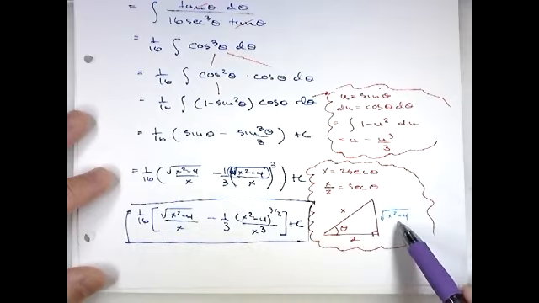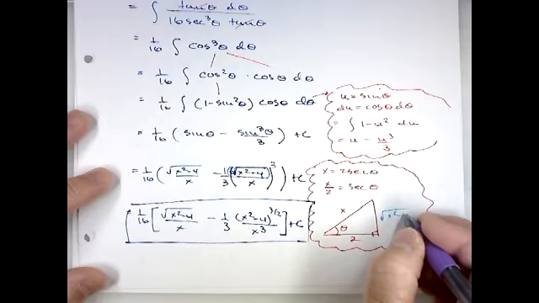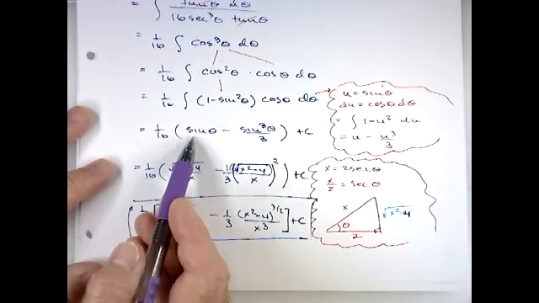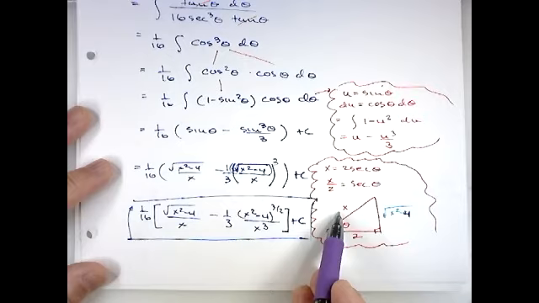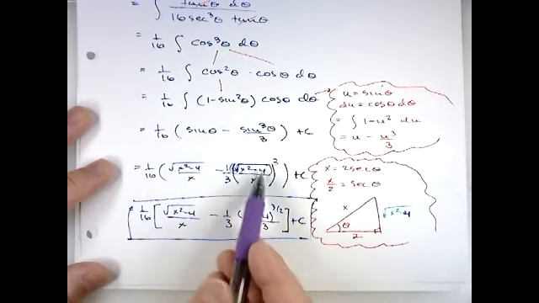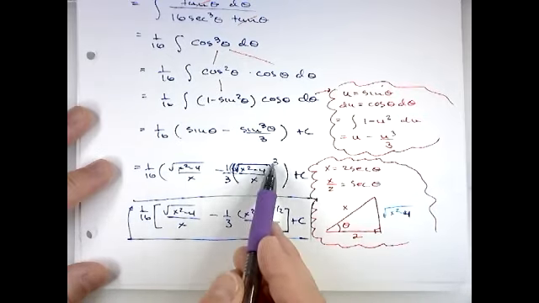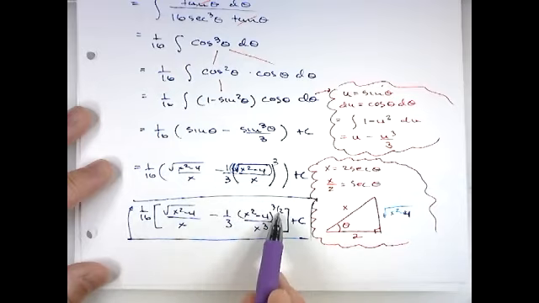Pythagorean theorem gives you the square root of x squared minus 4. And so then the sine of theta is opposite over hypotenuse. And then I also have sine cubed, so it's this over this cubed. When you cube the square root, you can think of that as to the 3/2 power. And then the bottom is just going to be x cubed.